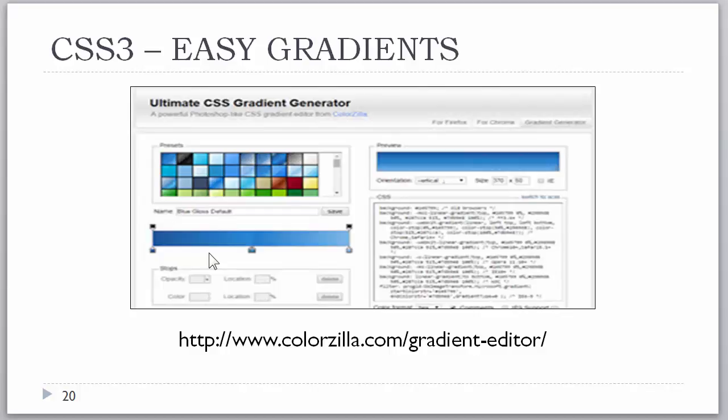However, for progressive enhancement, as long as you have a default background color coded in first, if the browser does not understand the gradient, it will fall back to the background color. This gradient generator has a lot of gorgeous presets, and you just might want to visit it and experiment a little bit.